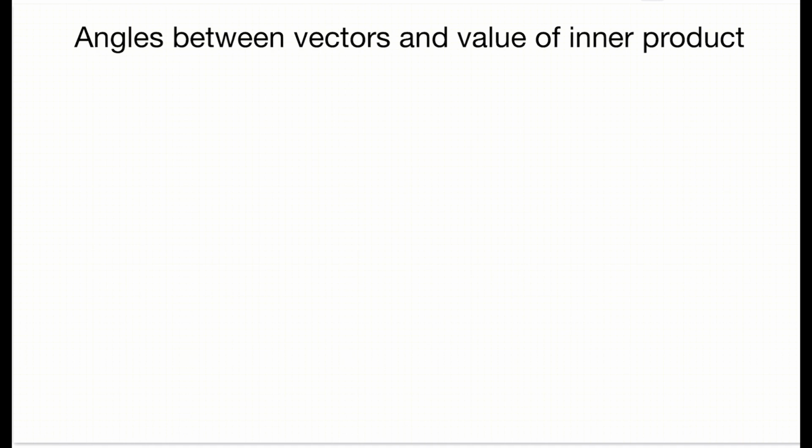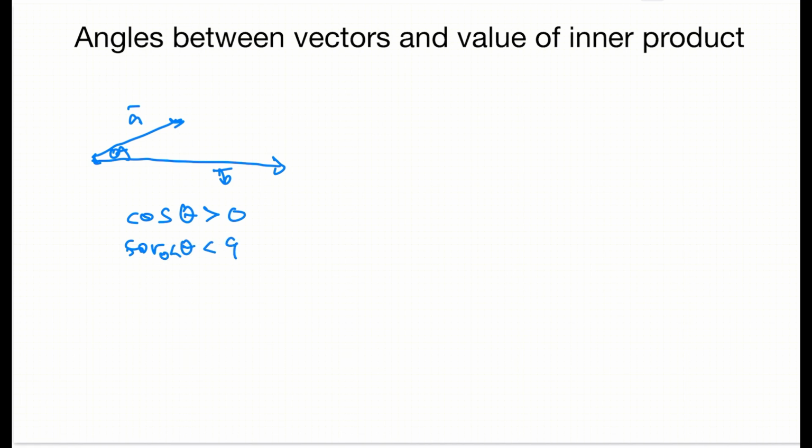Next I want to look at three different cases just to give you an idea of what the dot product means. First, here are our vectors A and B again, with angle theta. The cosine of theta is greater than 0 because we're in that range from 0 to 90 degrees, for theta greater than 0 and less than 90, or pi over 2 radians.